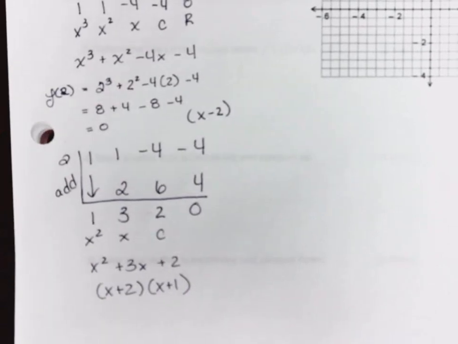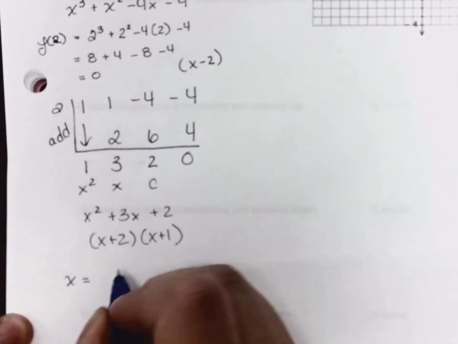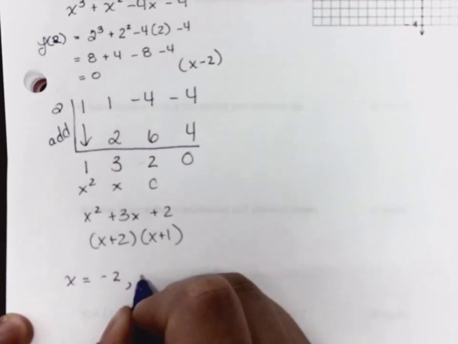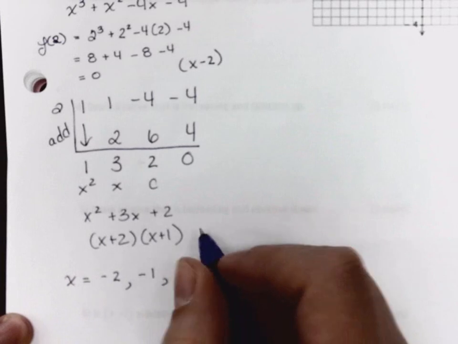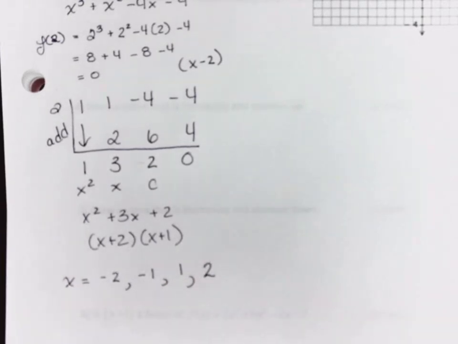So what are all the x-intercepts? x equals negative 2, x equals negative 1, x equals positive 1, x equals 2. We may need a second scrap piece of paper to do the rest of our math on.